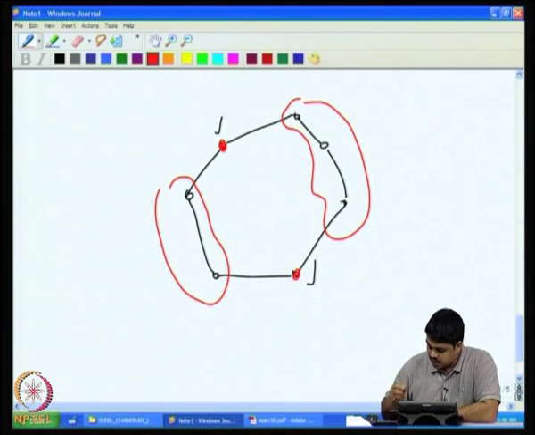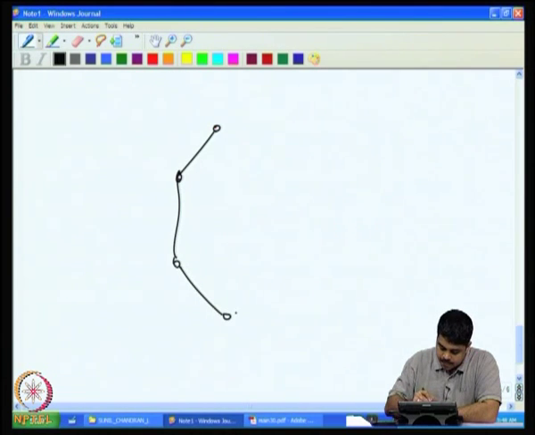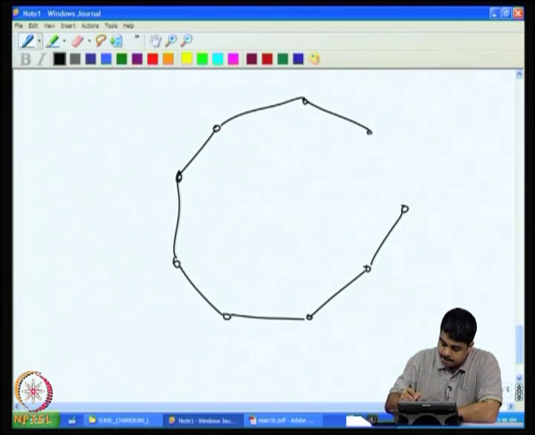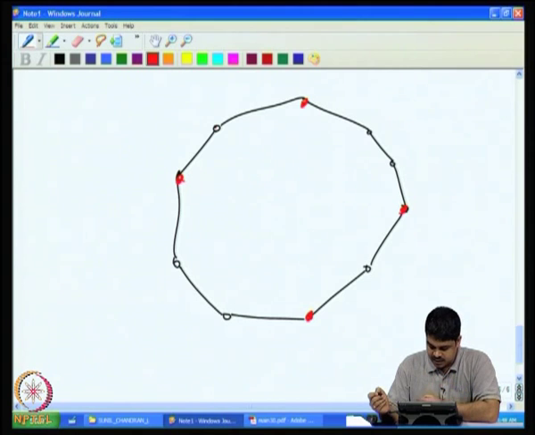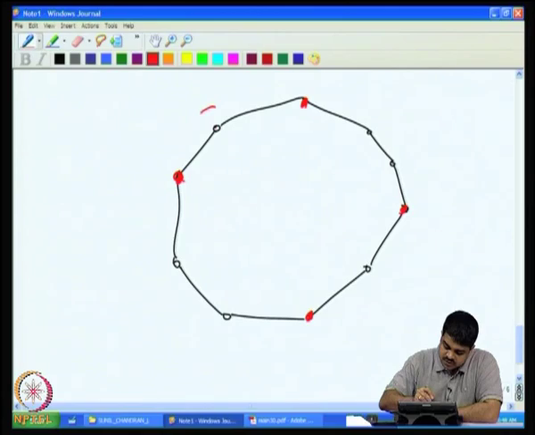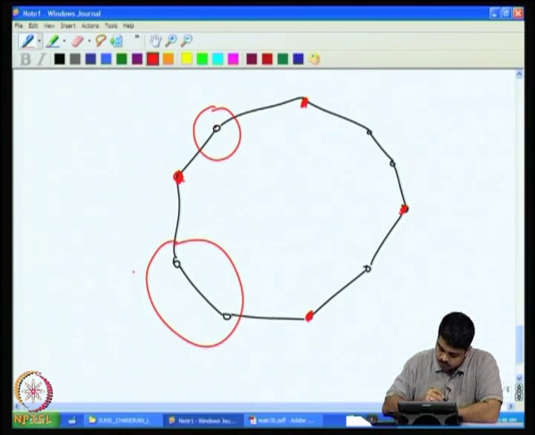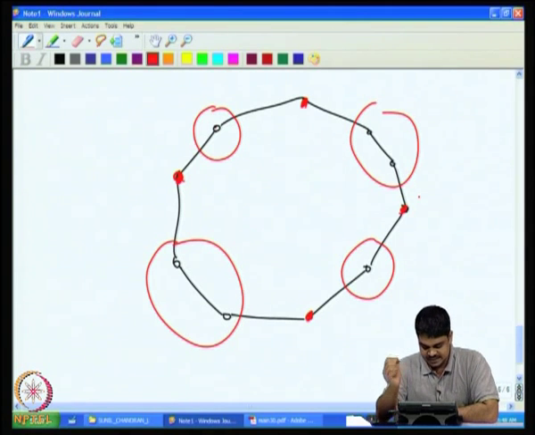Now, you can try removing more vertices, maybe. Suppose it's a big cycle, and now let us try to remove some more vertices. See how many vertices are removed. Here we try to remove 4 vertices. The number of components which results is 1, 2, 3, 4. 4 vertices removed and 4 components resulted.